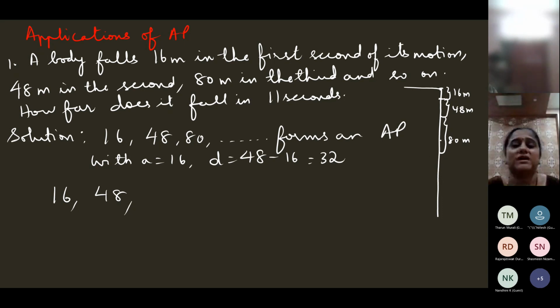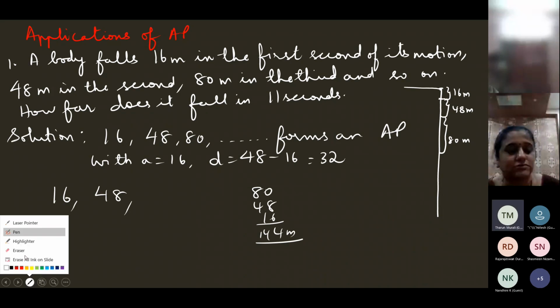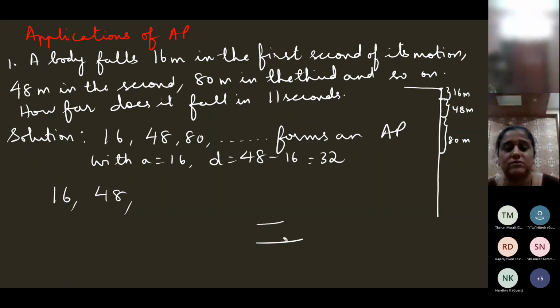So what is the distance covered by the object in 3 seconds? 144 meters, ma'am. Yeah, 144, because you should add 16, 48 and 80. Now, all of you agree with this or no? Yes, ma'am.